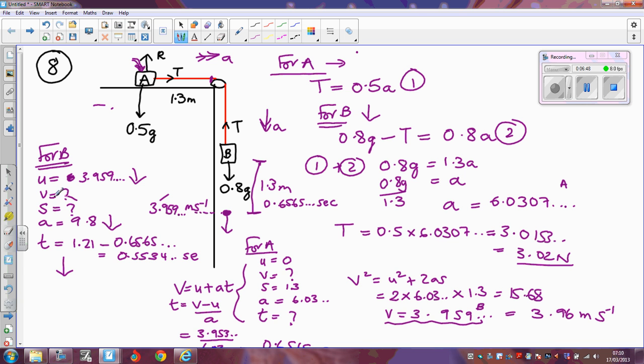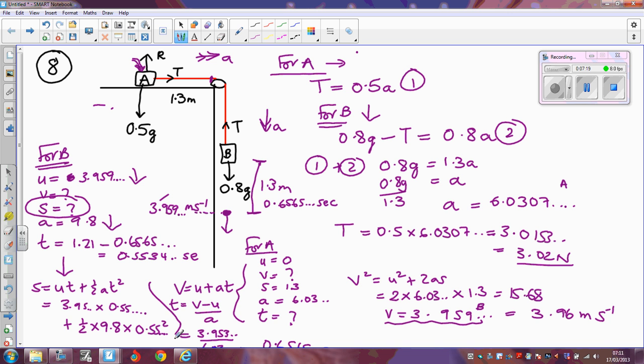So now I'm going to use this lot. s is what I'm trying to find, so I'm going to use s equals ut plus half at squared. So u is 3.95 and so on, times the time taken, which is 0.55, saved in my memory as well, and I'm going to add half times the 9.8, because it's accelerating at the acceleration due to gravity, multiplied by the 0.55 squared.